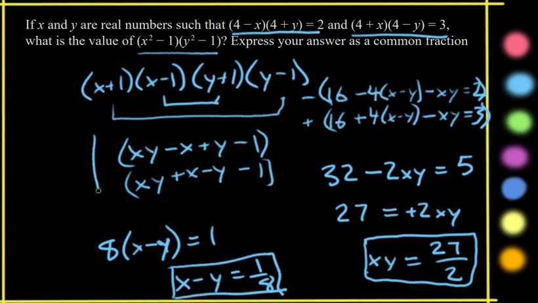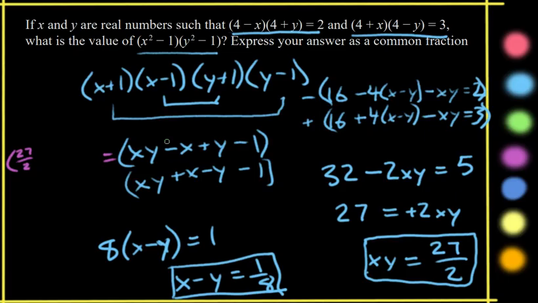We can go back to here and try to plug things in. Remember, this was a product of all four of these. So the product of these two, we're going to have xy is, no, xy is not 1/8, xy was 27 halves. So we have 27 halves minus x plus y.